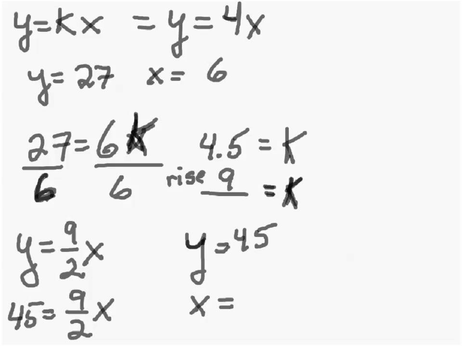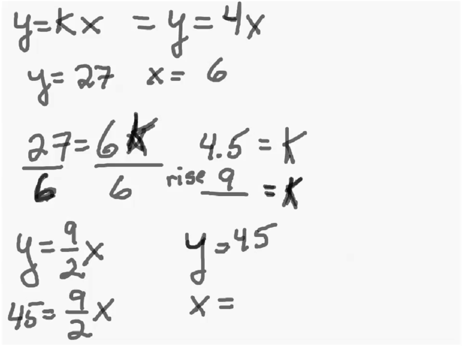So how do we divide this fraction? We don't put it into decimal form. We flip it over and multiply, right? It is multiplied to the x. Right, but we want to divide it from the x, and we want to divide the 45 by it.